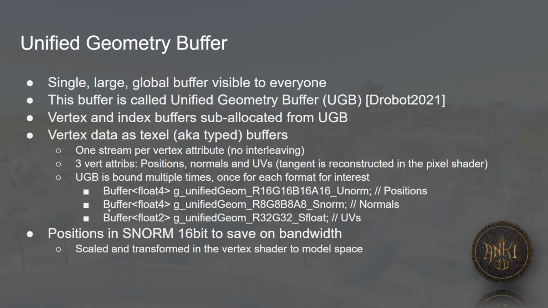And then we bind the UGB again as a different format, RGBA 8 SNORM, for normals. Similar story for the UVs. One small note is that positions are stored as signed normalized values of 16-bit, and they are scaled and transformed in the vertex shader. This is done to save on bandwidth.